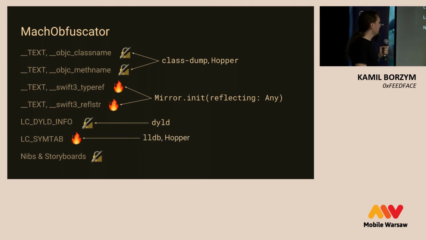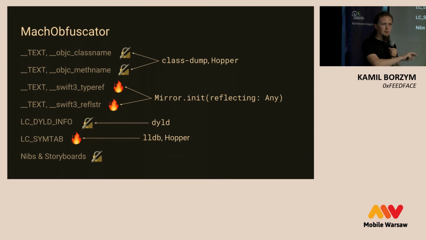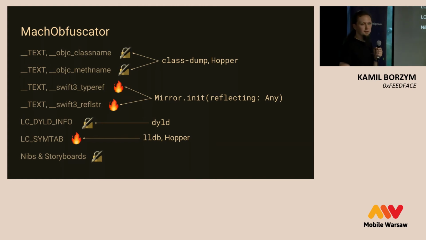And this symbols table is used mainly by LLDB. When you want to put a breakpoint using the command line, you start typing the method name and you press tab. Then the symbol table is used for autocompletion. So erasing symtab just makes autocompletion unavailable. Also, Hopper uses the symtab, so after zeroing out, Hopper doesn't show any symbols in the binary.